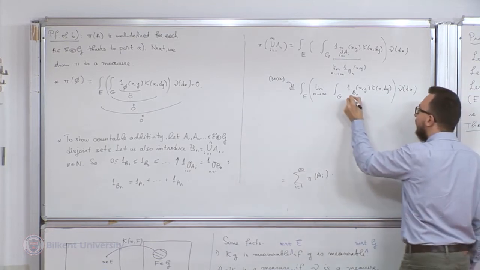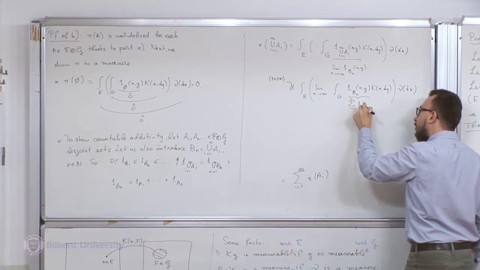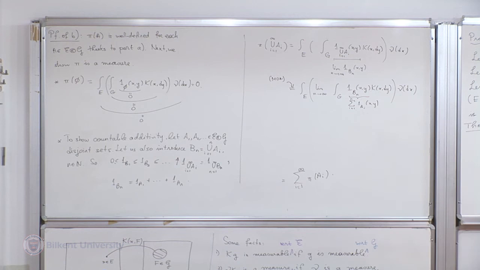So I can see it as the sum of indicators of A_i's. So the integral of a finite sum is equal to the finite sum of integrals due to which property of the integral? The integral of a finite sum is equal to the finite sum of individual integrals.